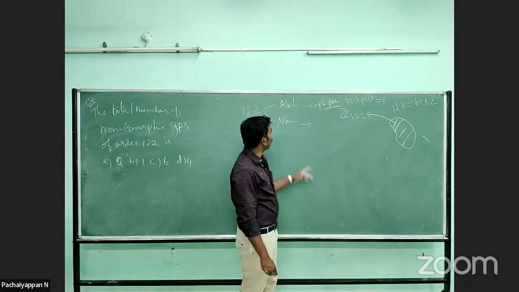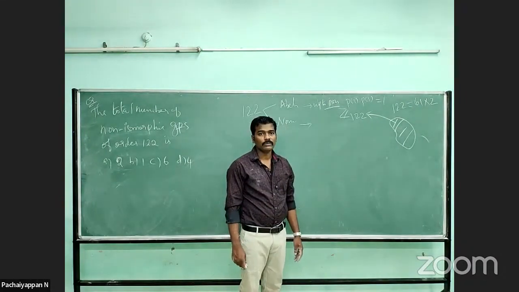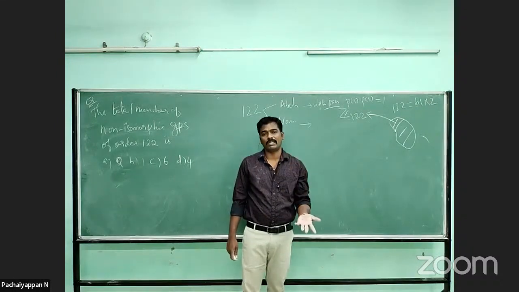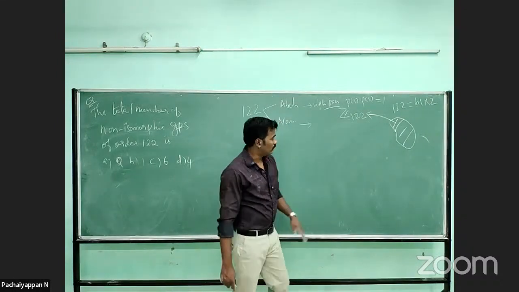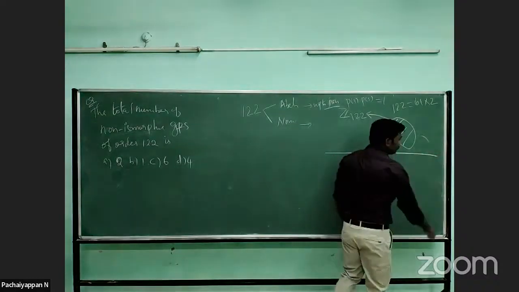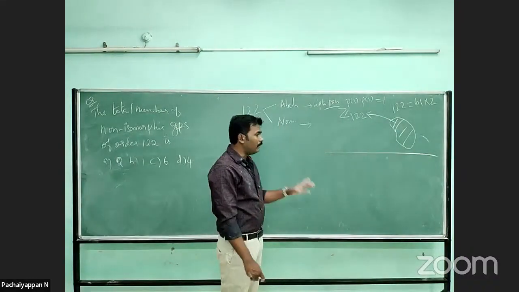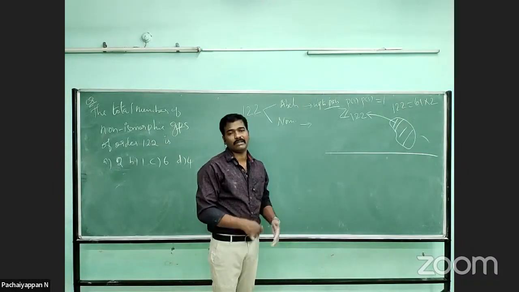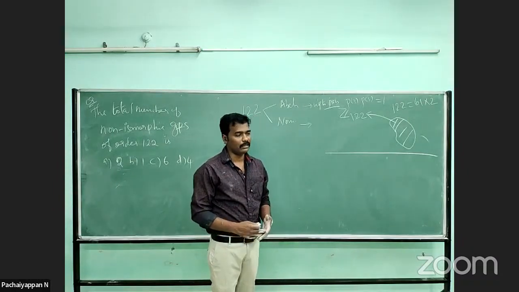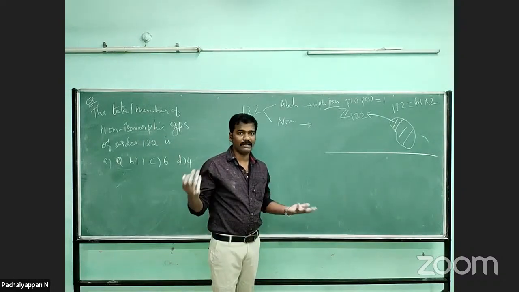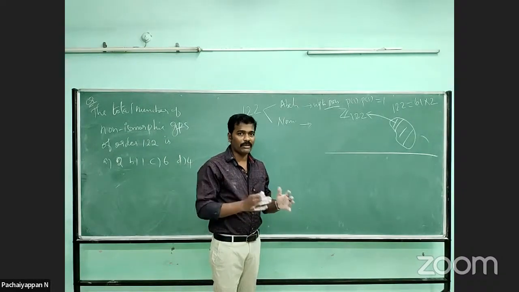Now we have to think about non-abelian groups. The question is, how many non-abelian groups are there? There is no general formula for non-abelian groups, but for some orders we can conclude the result.